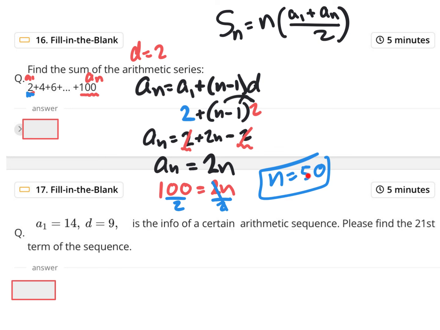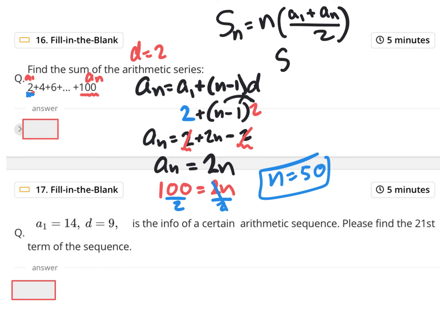Now I know that n equals 50. Okay, so there's 50 numbers. 1, 2, 3, and there's a heck of a lot more numbers in here, 46 more numbers, and then this is the 50th number. Okay, so now we could jump to the summation formula, because now we know what n is.